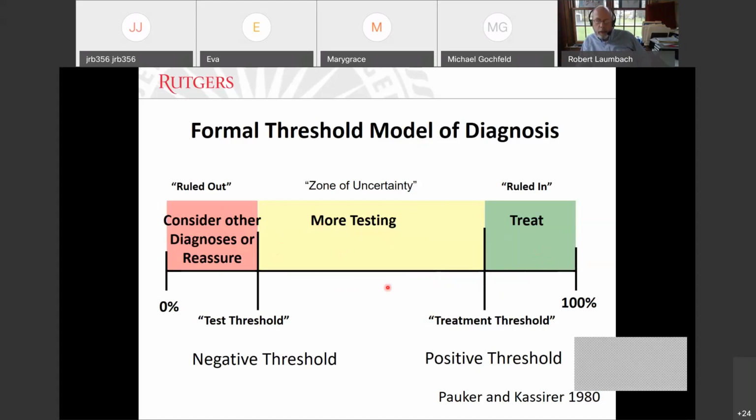And the idea here again is to sometimes think, well, maybe we don't need another test. We only need another test if we're in this zone. If we already are confident enough about the disease, maybe we don't need to test.